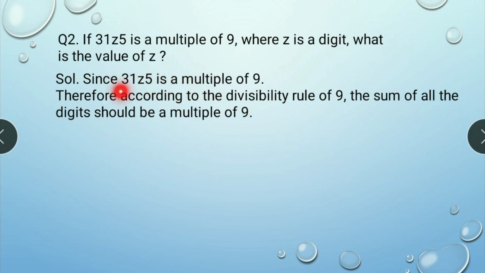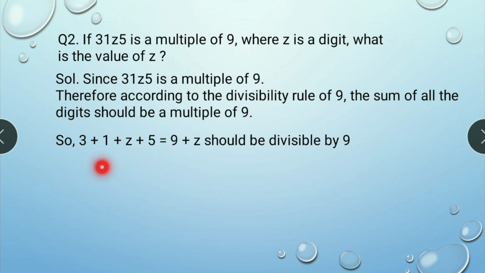Since we know that 31z5 is a multiple of 9, therefore, according to the divisibility rule of 9, the sum of all the digits should be a multiple of 9. Clear? So let's find the sum. On finding the sum, we have got 3 plus 1, 4 plus 5, that is 9, 9 plus z. So this 9 plus z should be divisible by 9.